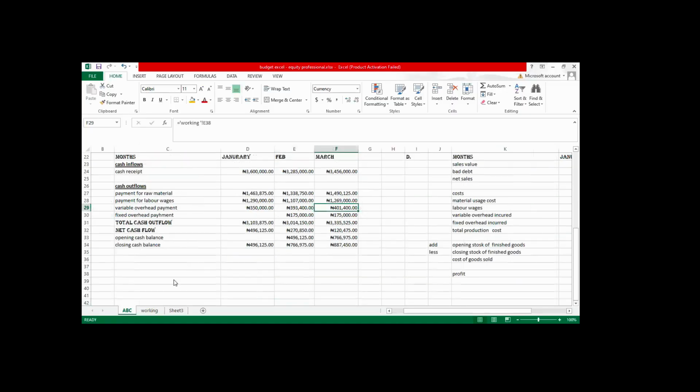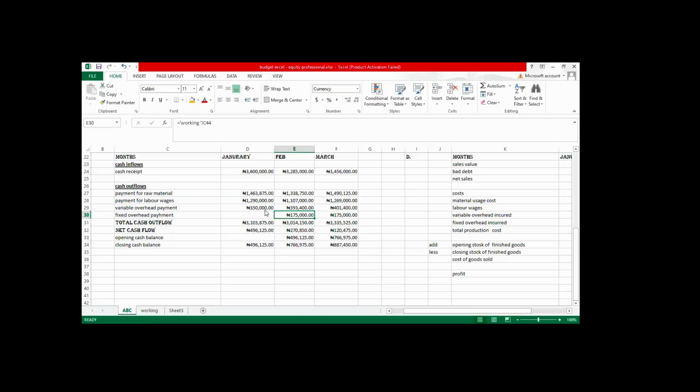Go back to your budget. Look at it. The fixed overhead for January, 175,000 cash to be paid in February. The fixed overhead for February, 175,000 cash to be paid in March.